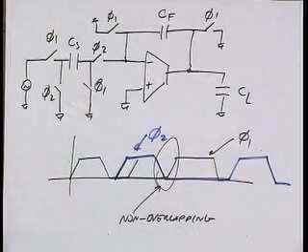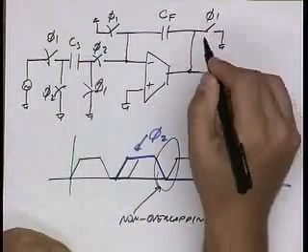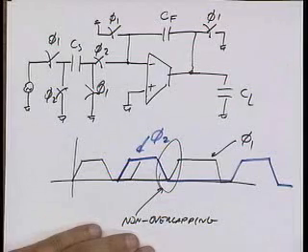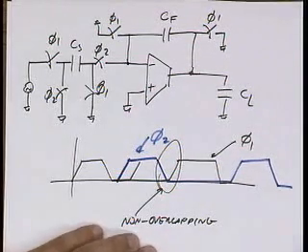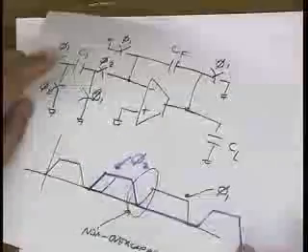Okay, so let's analyze this circuit. Before I do that, I just want to make sure that this circuit diagram is clear to everybody. So any questions about this circuit diagram? Okay, good. So what we're going to do is actually draw the circuit in each phase. Okay.